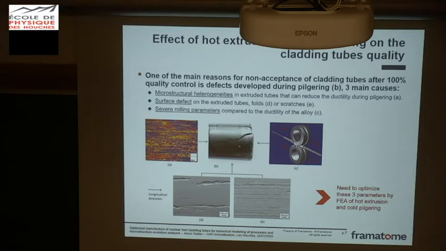It can happen also if there are already surface defects on the product during hot extrusion. So it can be folds like this or scratches. And finally, if the rolling process is too severe compared to the ductility of the alloy, for sure we will have this kind of defect.